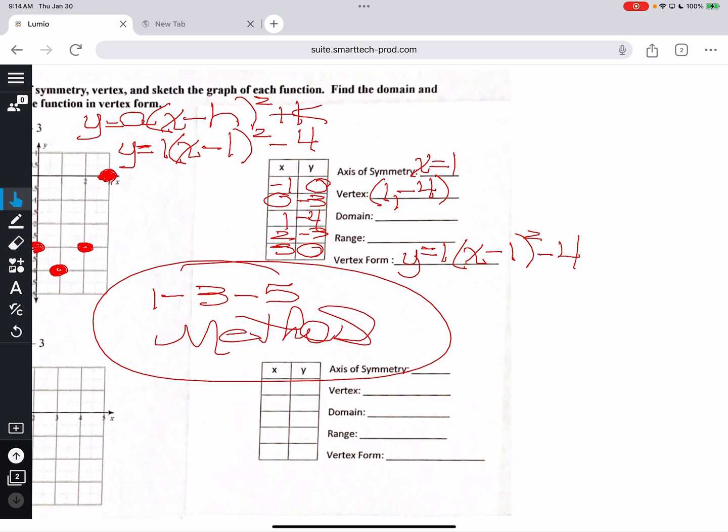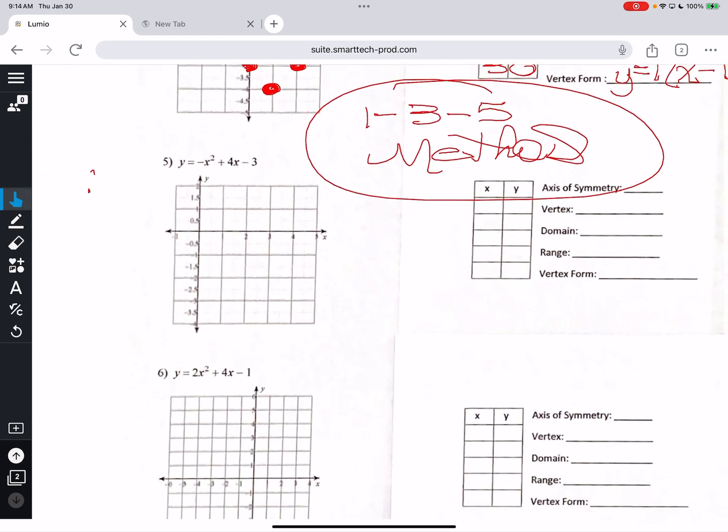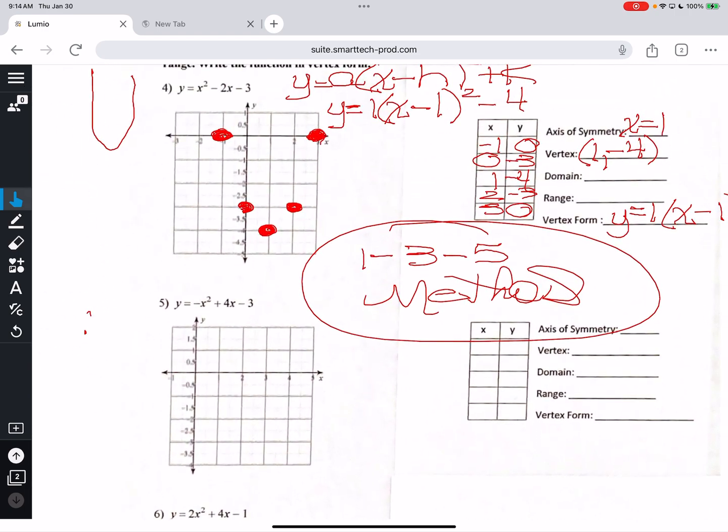Let's look, though, at number 5. When you get ready to graph, if you want to use the 1, 3, 5 method, what is our lead coefficient? Negative. It's a negative, but it's a -1.